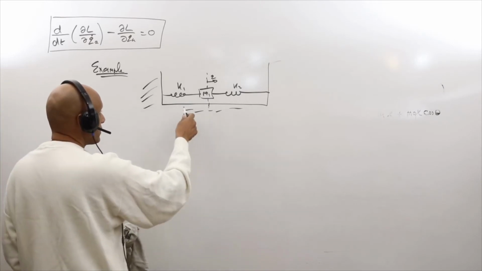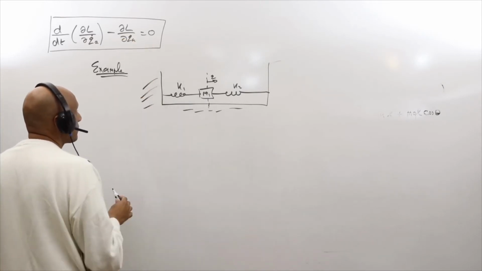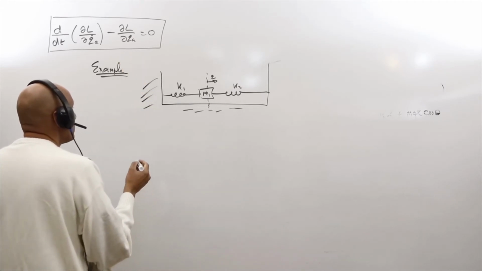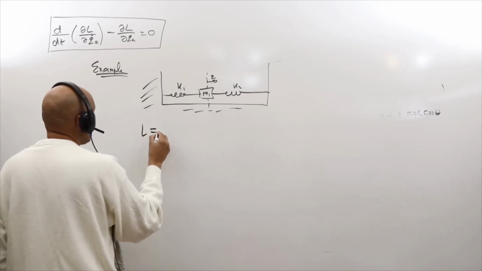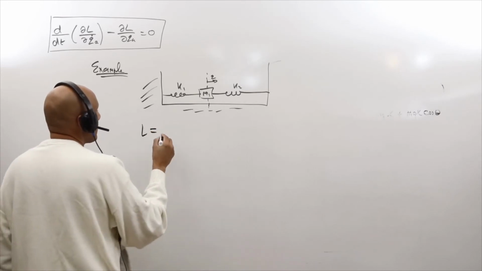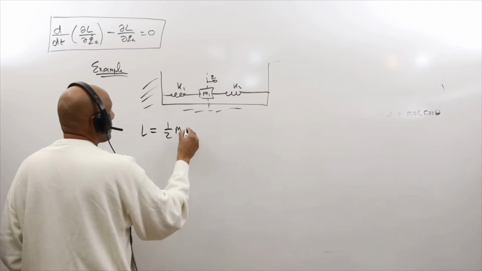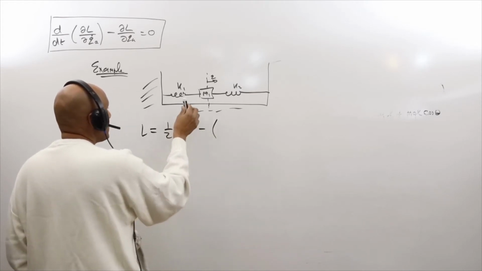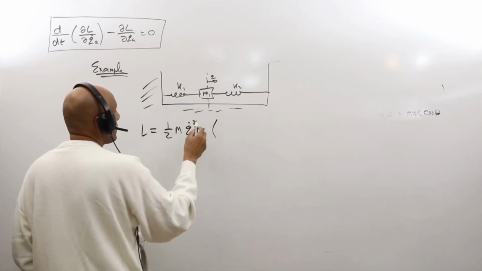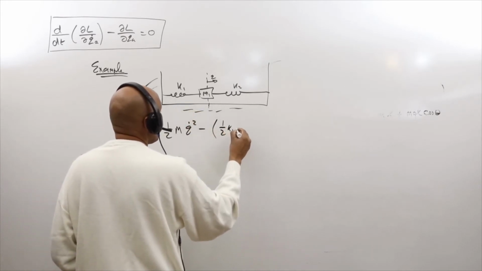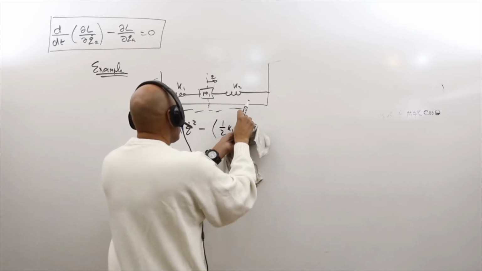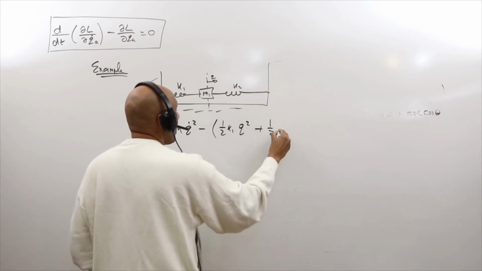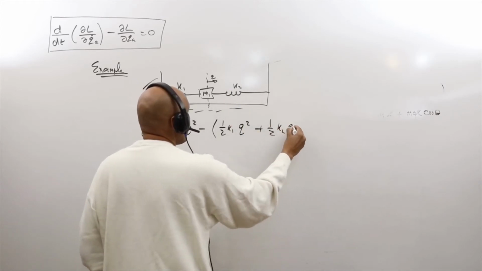Assuming it's a frictionless surface, because remember these equations are for non-dissipative systems, that equation right here, the Lagrange equations of motion. So again, we write L equals T minus V. What is the kinetic energy? 1/2 m q dot squared. What's the potential energy? The potential energy that's stored in each spring is 1/2 k1 q squared plus 1/2 k2 for the second spring q squared.